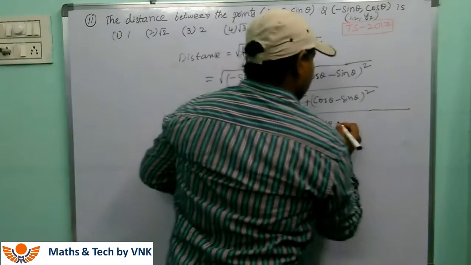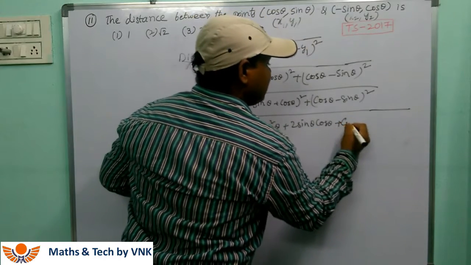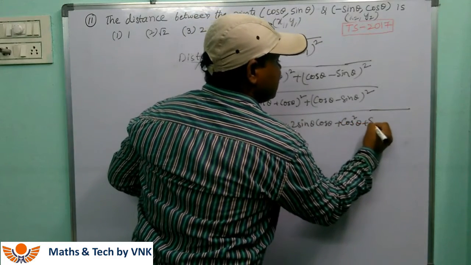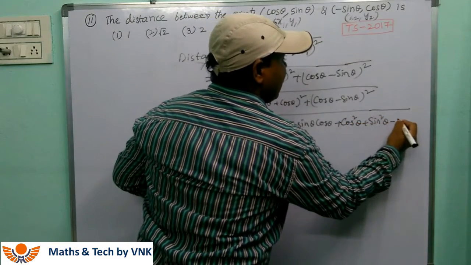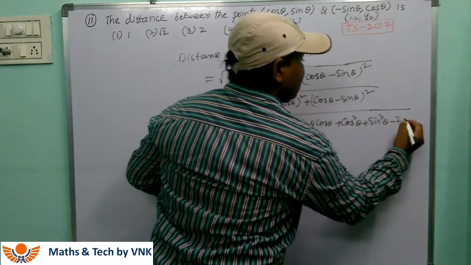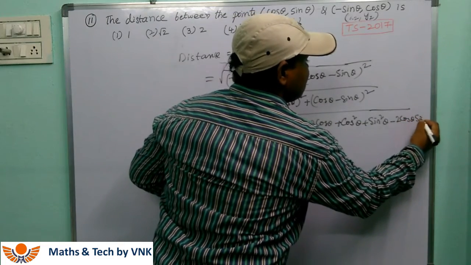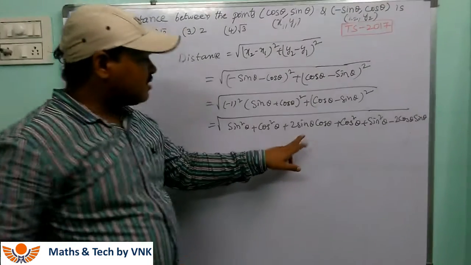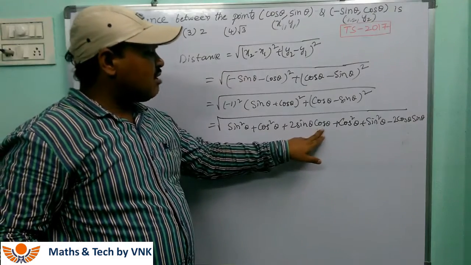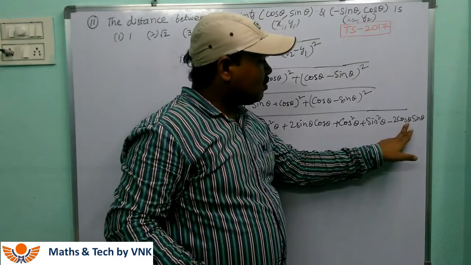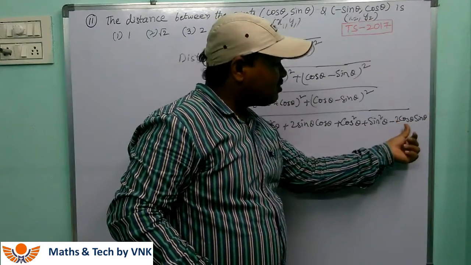So plus cos square theta plus sin square theta minus 2 cos theta sin theta. Now see here the terms 2 sin theta cos theta minus 2 cos theta sin theta.